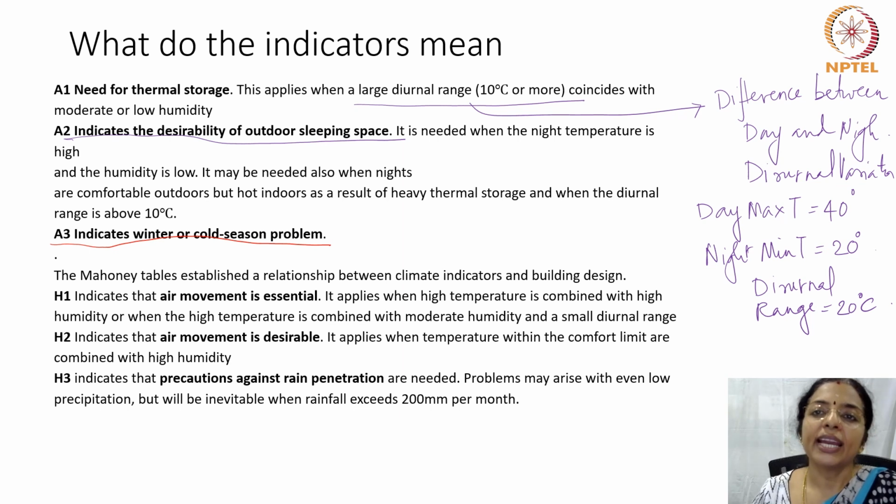It applies when temperature within the comfort limit are combined with high humidity. H3 indicates that precautions against rain penetration are needed and problems may arise with even low precipitation but will be inevitable when rainfall exceeds 200 millimeter per month.